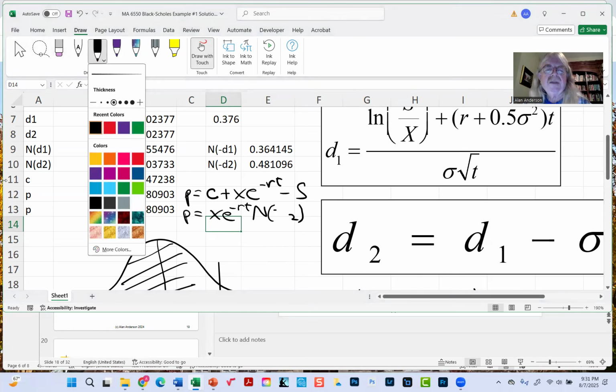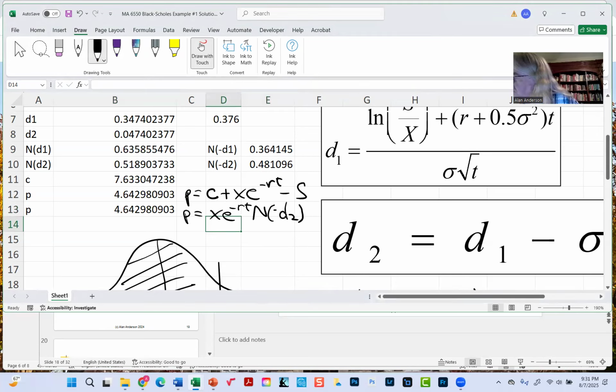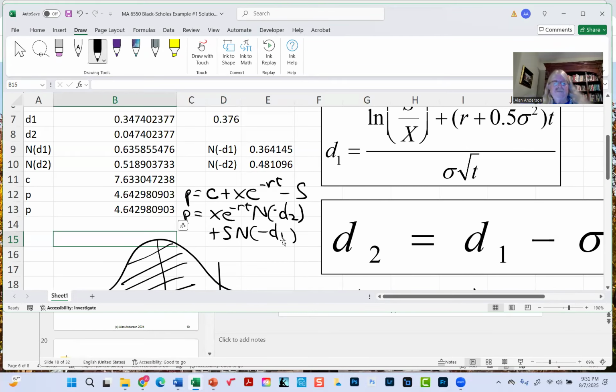Let me just neaten that up a bit. And then you'll have plus S N of negative D1. So this way you can take it directly from Black-Scholes. You don't need C here, but the formula is kind of a mess. But here, this one is put-call parity. The first one is put-call parity, the second one is this version that comes from substituting put-call parity directly into the Black-Scholes model. So you can use either one.